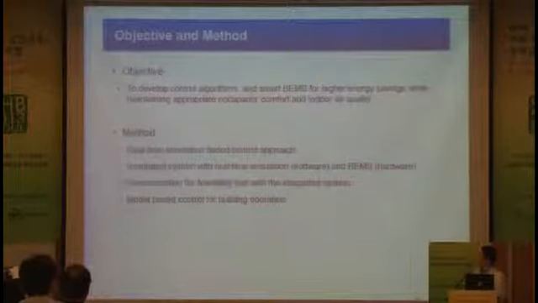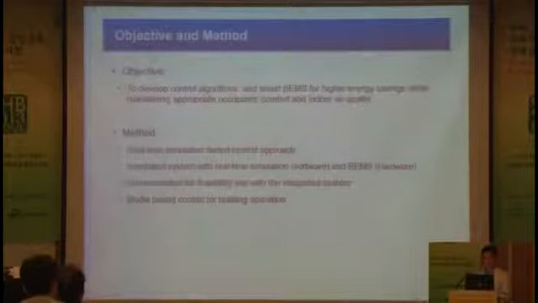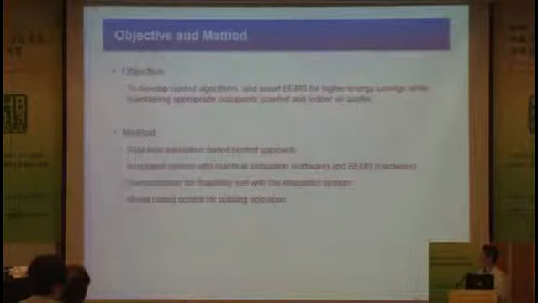Let's summarize the objective of this paper. It is to develop control algorithms and smart BAMS for higher energy savings while maintaining appropriate occupant comfort and indoor air quality. To accomplish this objective, we adopt a couple of new methods. First, we use a real-time simulation-based control approach.